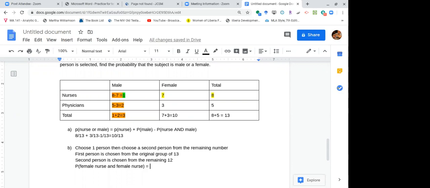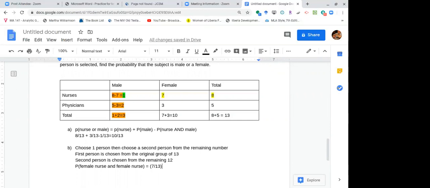Where are they? 7 over 13. Right, that's the 7, the top middle number on my chart. There's 7 female nurses, so the first nurse is 7 out of 13. That's the first one, right?